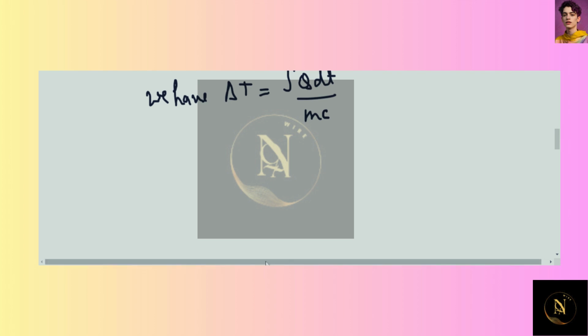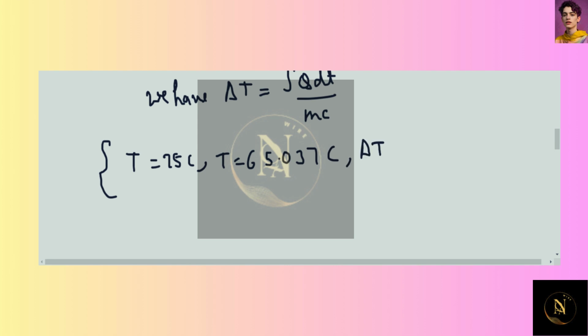Also here we have T equal to 75 C, and already have T equal to 65.037 C, and thus delta T equal to 9.963 C.